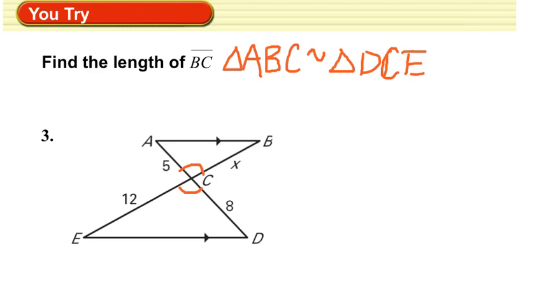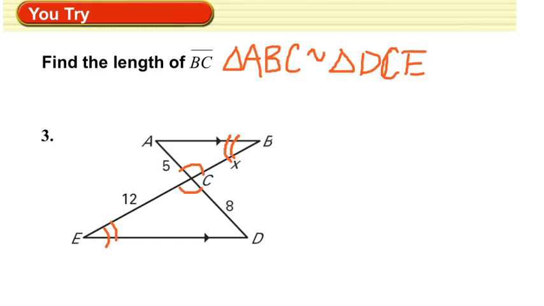So there's one pair of congruent angles. And then we also know that the alternate interior angles, since these are parallel lines, are congruent as well. So there's two pairs of congruent angles, which makes the triangles similar. So now we need to find the length of BC.